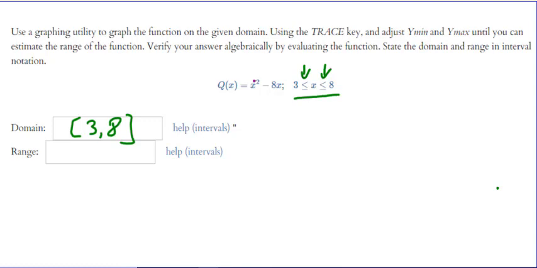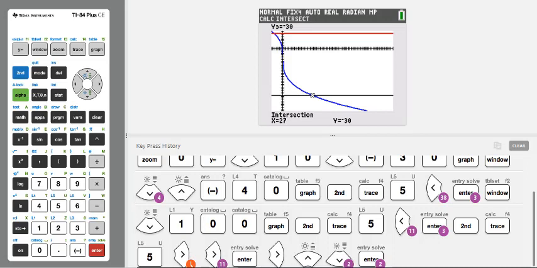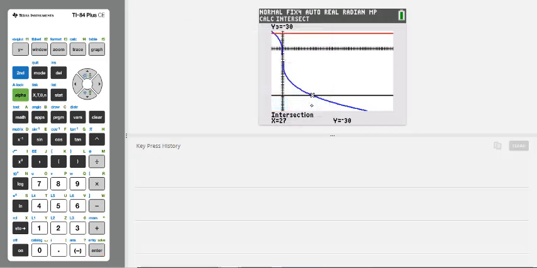Well, that's not as hard as what you think it is. You can type this inequality in, but I'm going to show you a quick little trick to do that, and it works pretty nice. So, x squared minus 8x. Let's kill all this stuff right here.